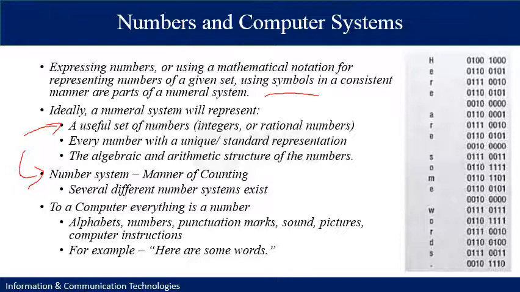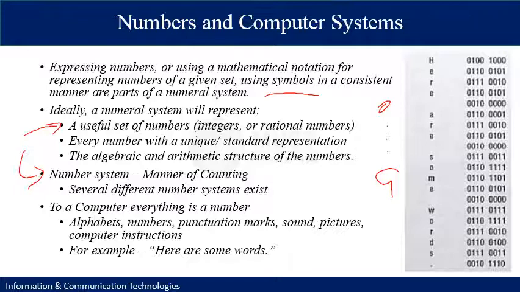For example, the number system commonly used by humans is the decimal number system, which starts from 0 up to 9. However, there are several other number systems that exist, and we will discuss a few of these in this lecture.